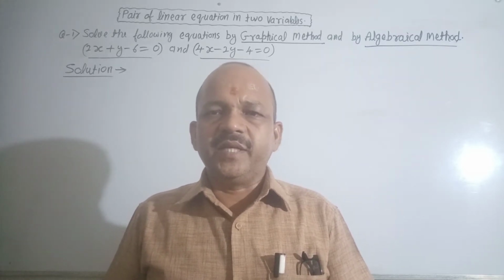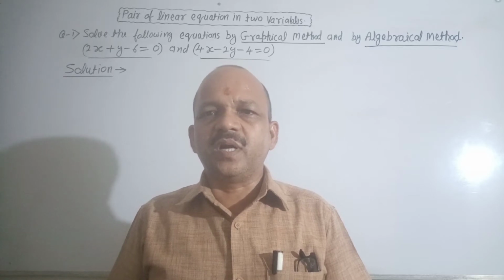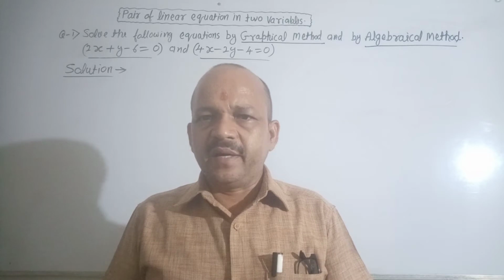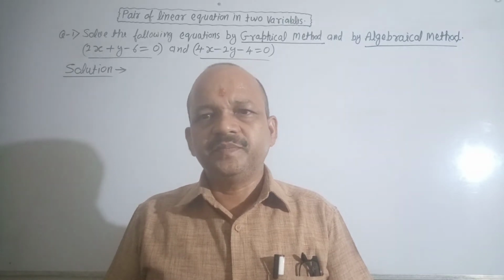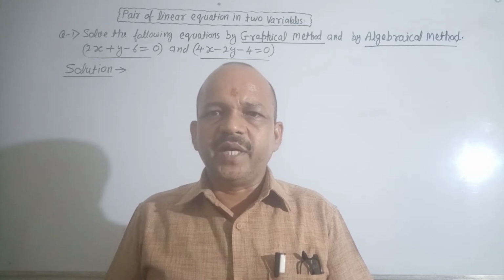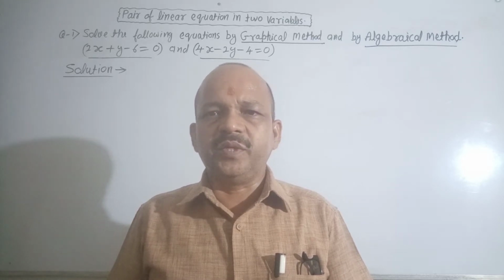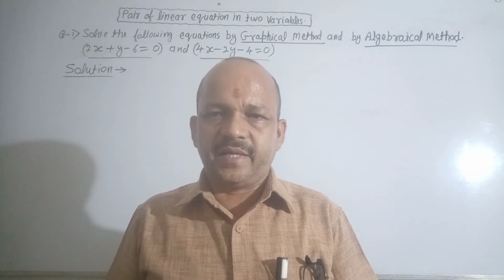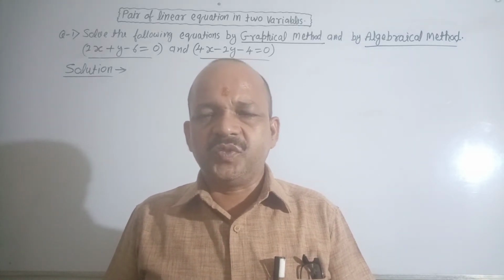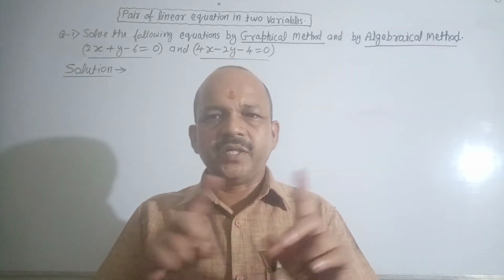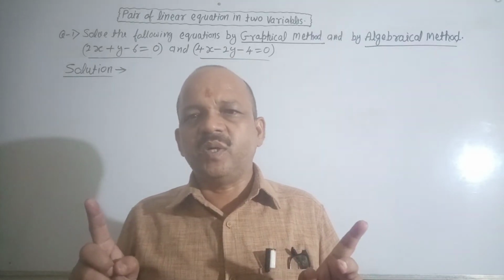If a1 by a2 equal to b1 by b2 not equal c1 by c2, then it shows parallel lines, no solution and inconsistent system. If a1 by a2 equal to b1 by b2 equal to c1 by c2, then it shows coincident lines, infinitely many solutions and consistent dependent system. It is clear, no confusion about it.